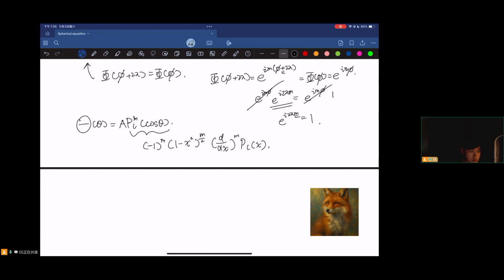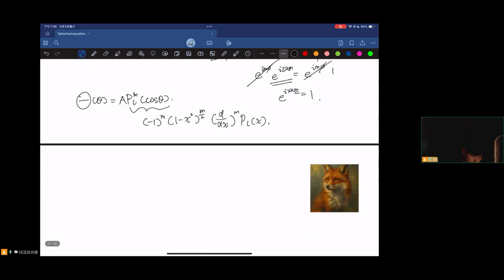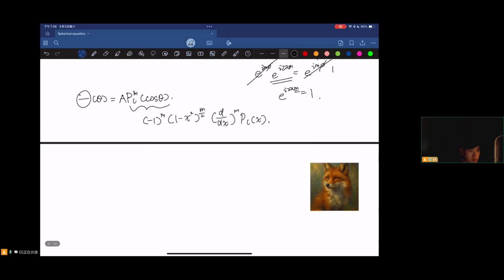So usually in the exams, the form of the Legendre polynomials is given, which is this. For example, the Legendre polynomial with L equals 2 is equal to this form. But here we have cosine theta.